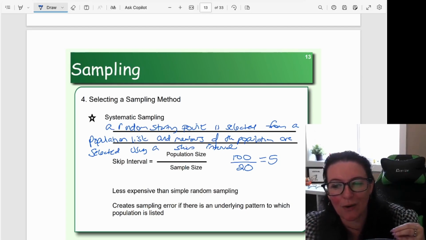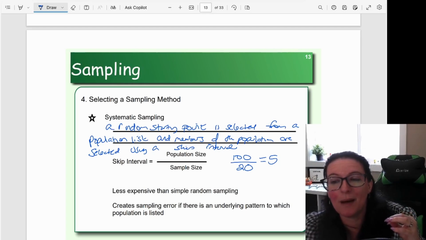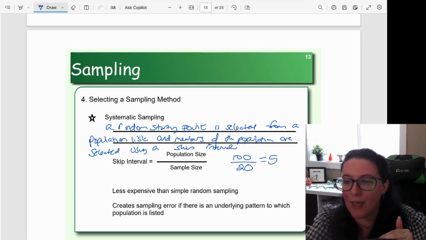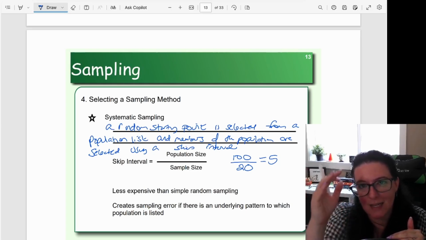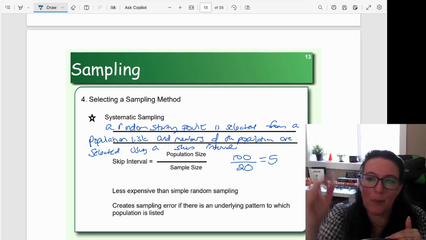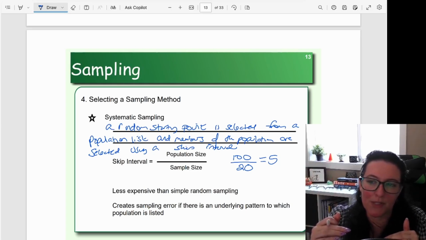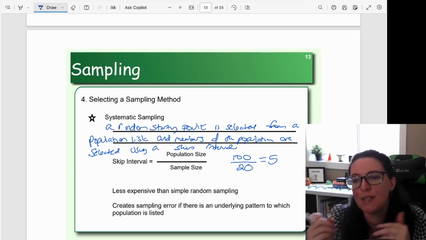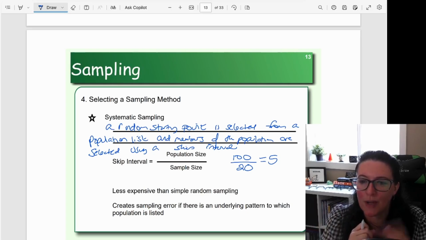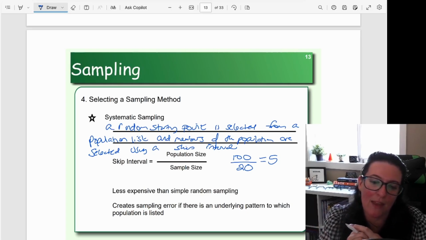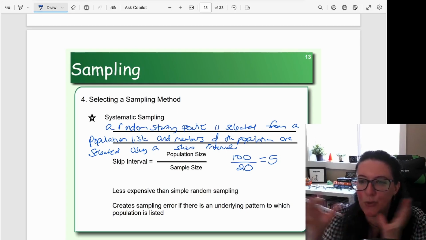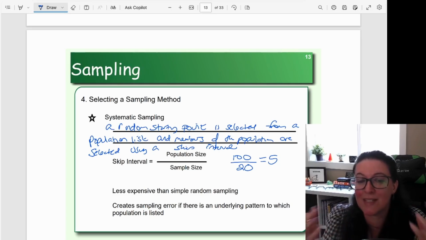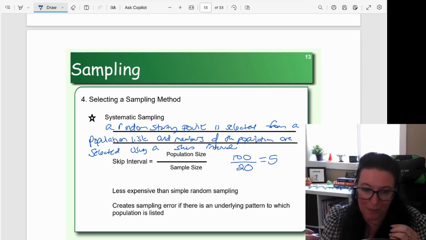Back when people's phone numbers were listed in a phone book, more and more people had cell phones, and people with cell phones didn't list their phone numbers in the phone book, people with landlines did. So choosing every 5th person from a phone book excluded an entire group who didn't have their names in the phone book. We have a sampling frame problem.